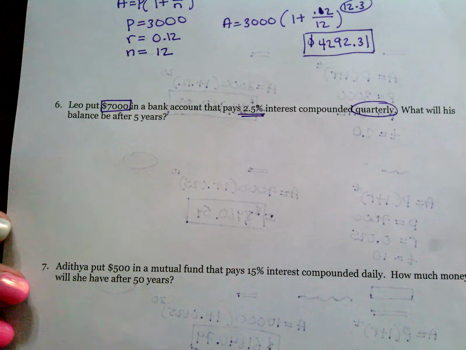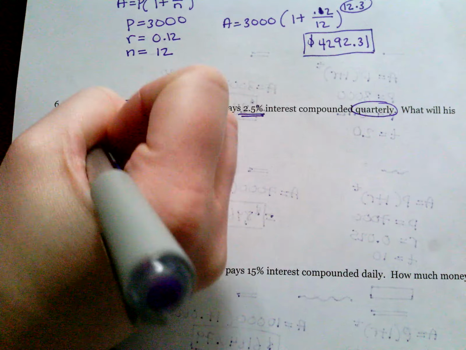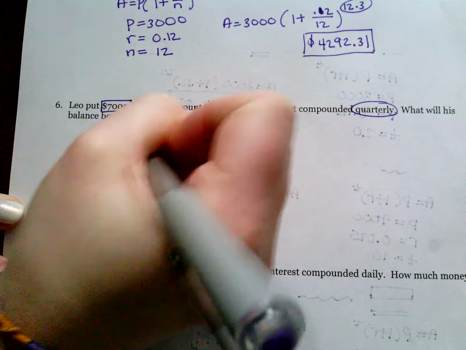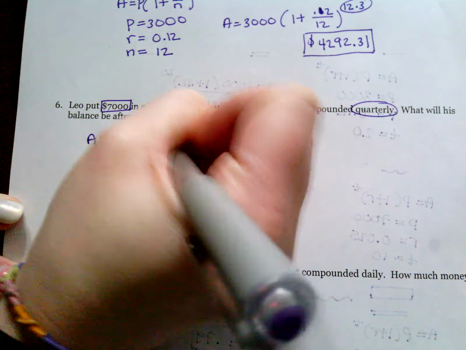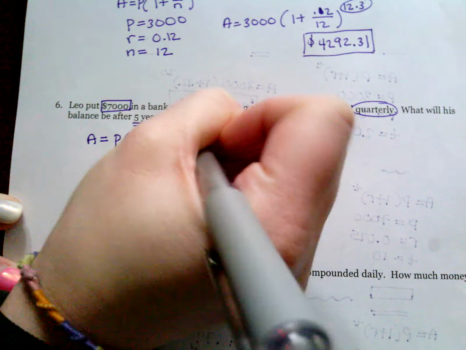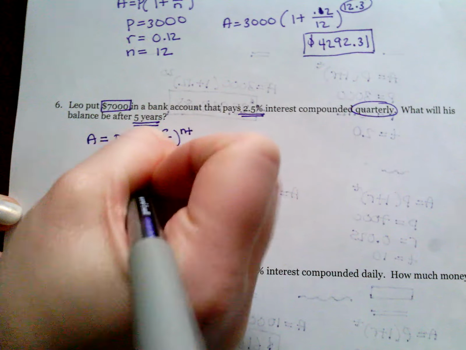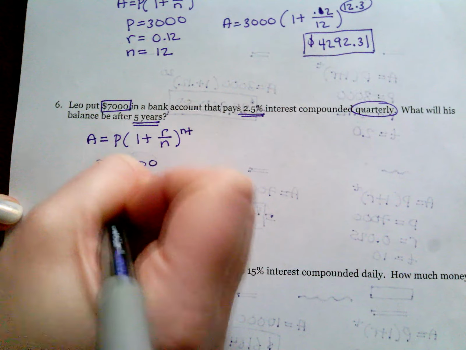P is going to be 7,000. The rate of interest is 0.025. And then the time is 5. And the number of times a year, if it's quarterly, there are 4 quarters in a year, so it's going to happen 4 times throughout the year.